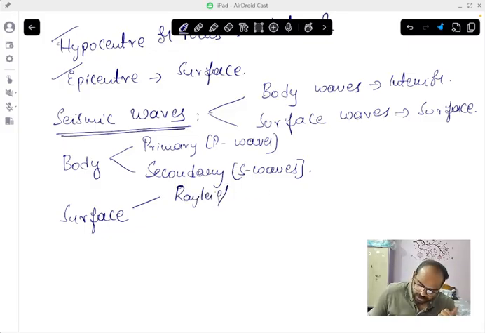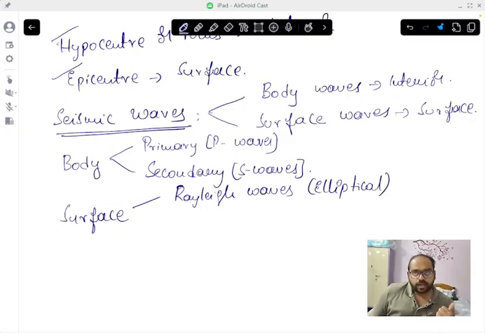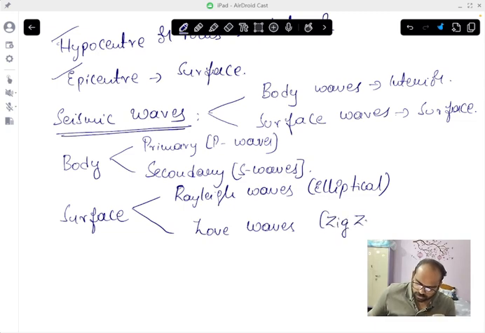If the materials move in a zigzag way, it is called Love waves. Surface waves are more destructive compared to body waves.